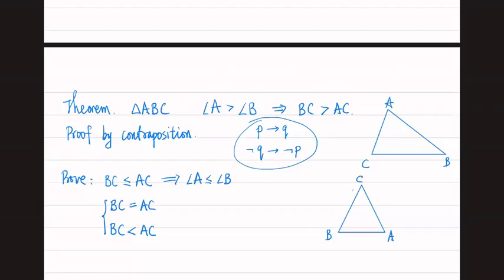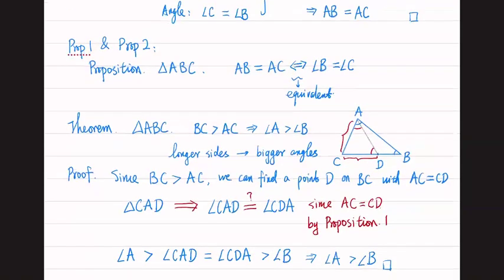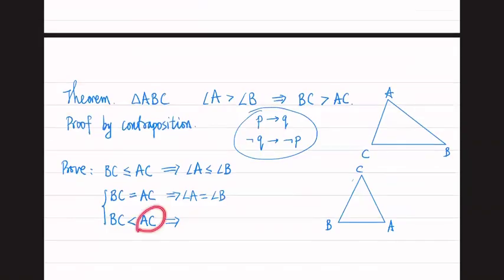The first case, when they are equal, is the proposition we had before: equal sides, equal angles. The second one is what we just proved: larger sides, bigger angles.